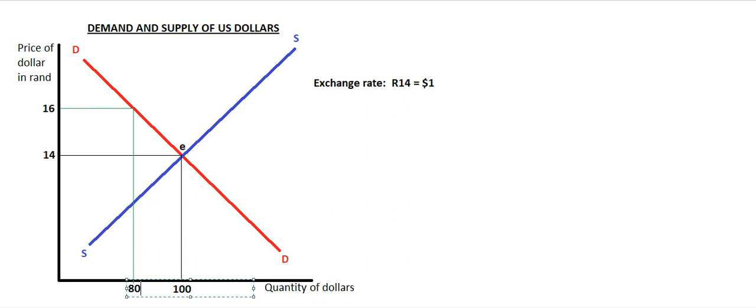But if we look at what happens to the quantity supplied at 16 Rand a dollar, if we carry on with this graph and move all the way to the supply curve, we can see that the quantity supplied actually increased, because the law of supply says the higher the price, the higher the quantity supplied.